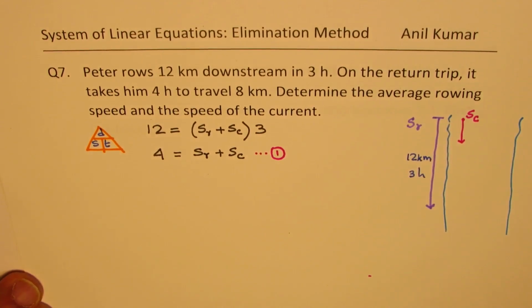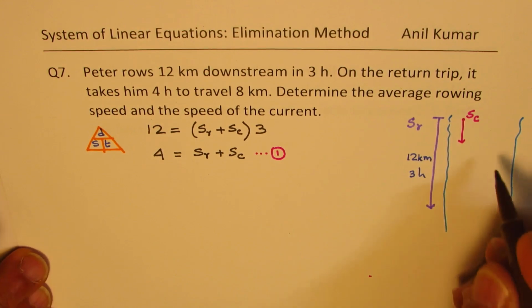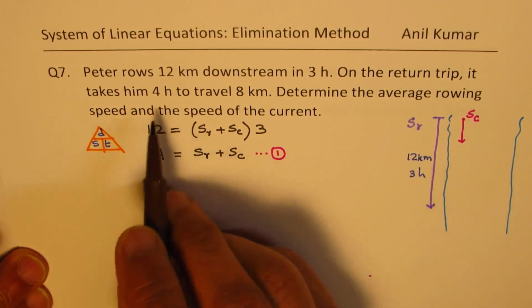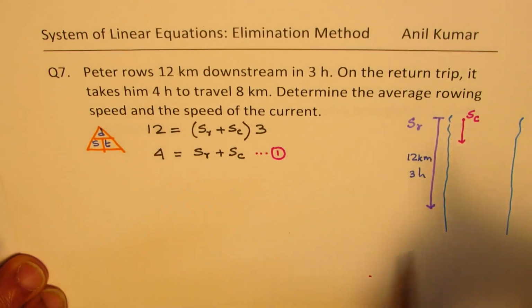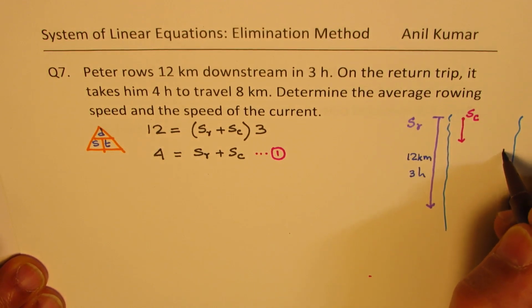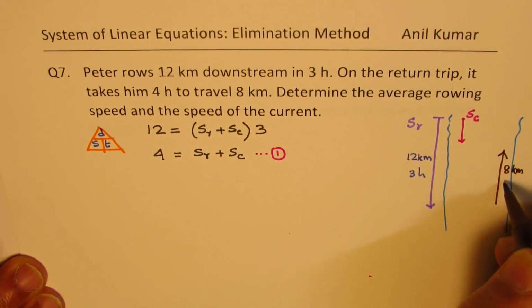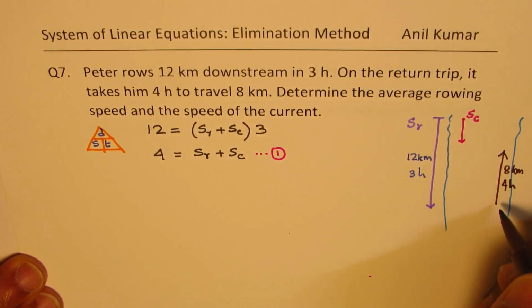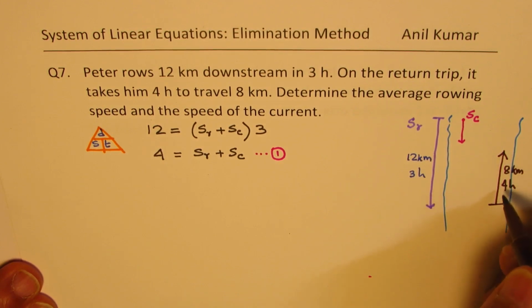Now, let's look into the second scenario when Peter is returning back. So in that, he is able to do 8 kilometers in 4 hours. So returning back, let's say 8 kilometers, time is 4 hours. That's it. Now in this case, the speeds are going to be opposing one another.